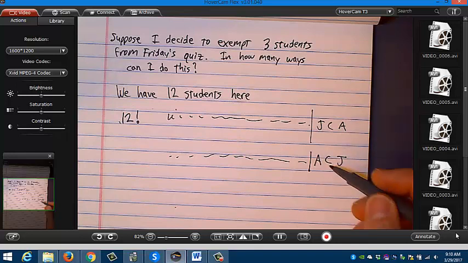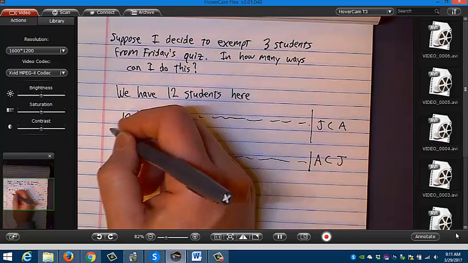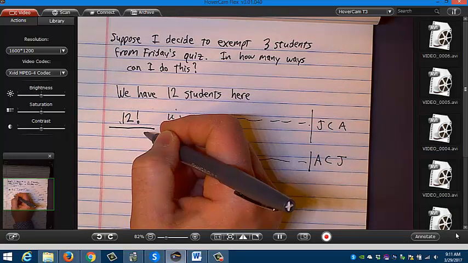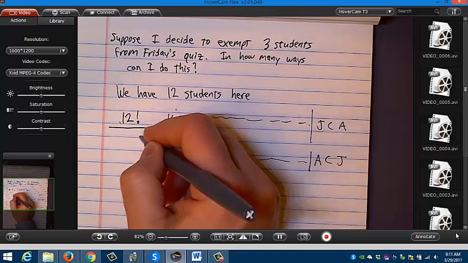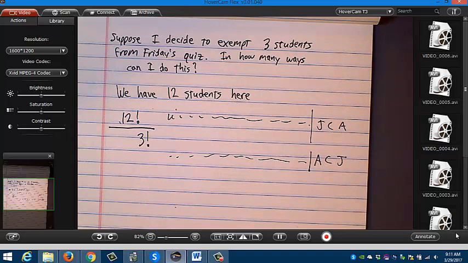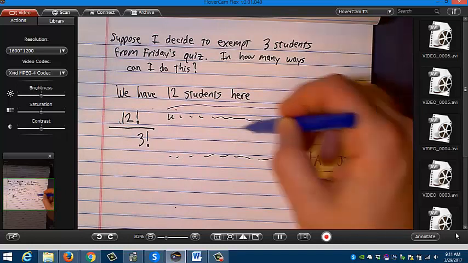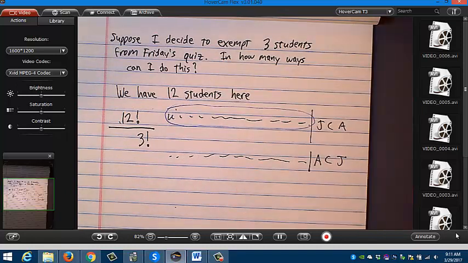So I claim that the answer is not 12 factorial. We need to divide by that 6, which is 3 factorial. But I claim that answer is still too big. And the reason is, how many people are standing here? 9.